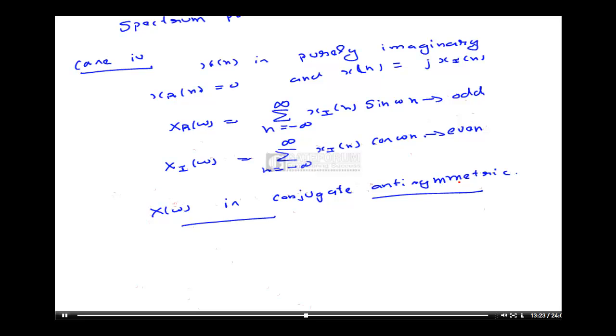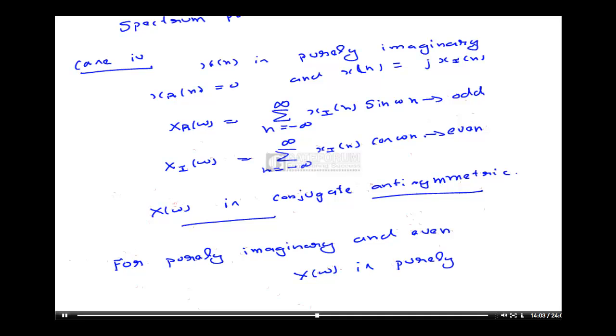Okay. So depending on the signal x[n] real or even, real and odd, or purely imaginary, there can be cases for purely imaginary and even and purely imaginary and odd. In such cases, we can find that X of omega for purely imaginary and even x[n] is purely imaginary.